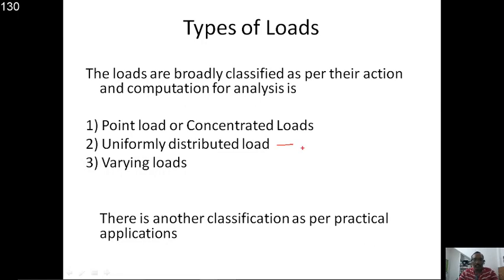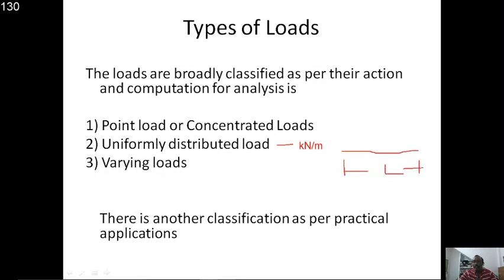I can say that the unit for the uniformly distributed load is kilonewton per meter, because we are already seeing that it is a length. The load is distributing over a length.